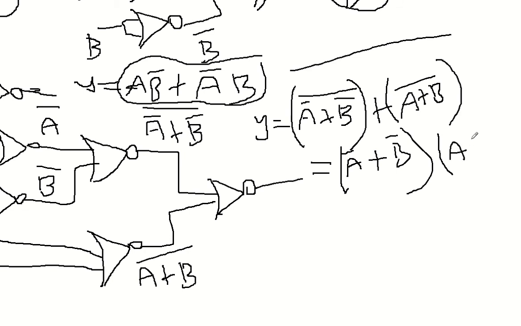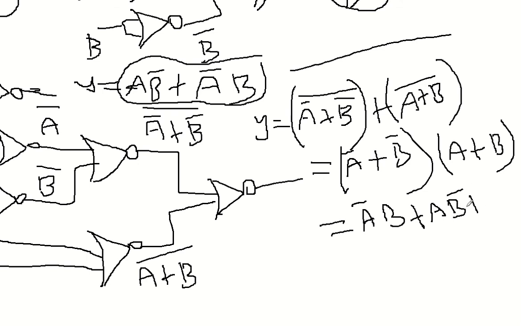Okay, A plus B. Now you can cross multiply just like the previous videos, and you can get A bar B plus A B bar. Okay, this bar is not over B, this is only over A. This is what you are supposed to get along with two zeros.